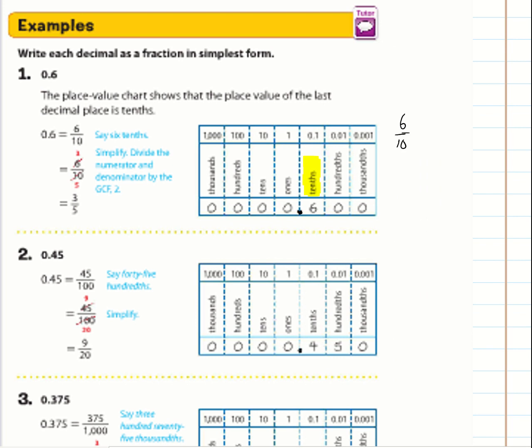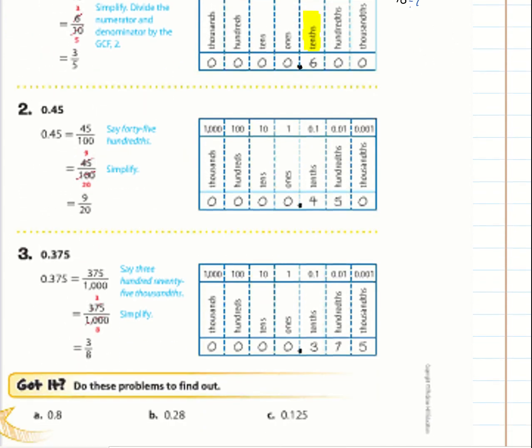And we do know our greatest common factors. 6 and 10, do they have anything in common? They can each simplify with a 2. So divide by 2, divide by 2. 6 divided by 2 equals 3. 10 divided by 2 equals 5. So we have 3/5.